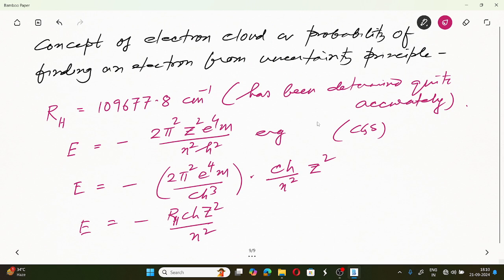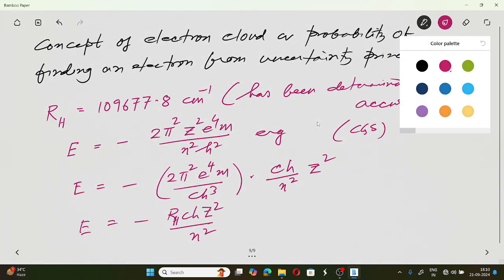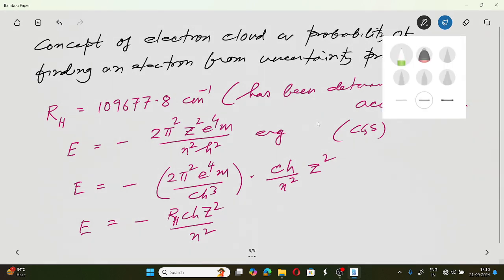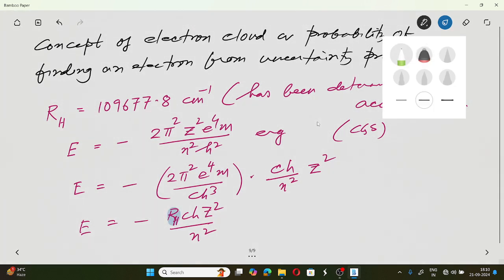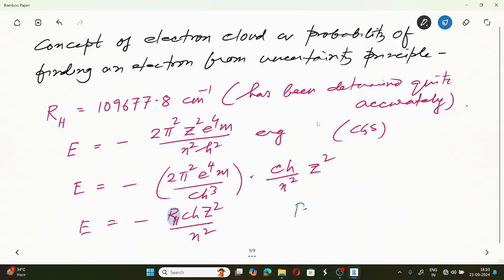Now, since the value of this Rydberg constant has been accurately determined, see, for hydrogen atom, we know that Z equals 1, n equals 1, ground state. The value of c is constant, 3 into 10 to the power 10 centimeters per second.